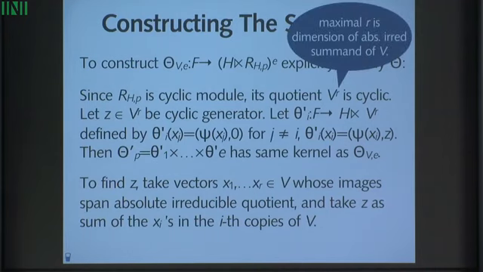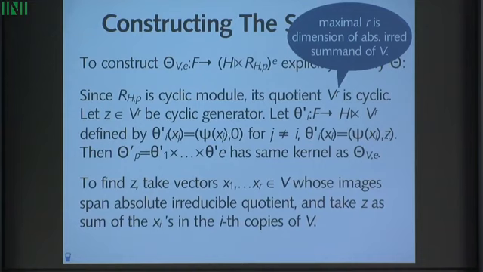R was the maximal dimension of an absolute irreducible summand. I take a generator Z which is a cyclic generator for V to the R. Okay, and now I define a homomorphism, theta I prime, which modifies the previous theta I, where I'm saying where that part is 0, it's just 0.